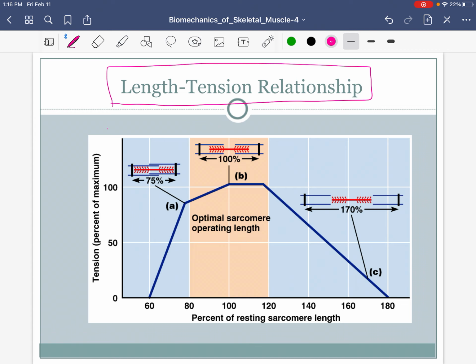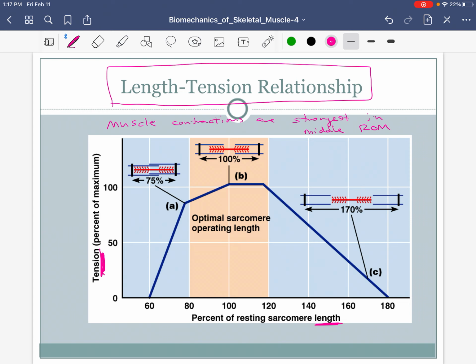And what this is telling us is muscle contractions are strongest in the middle range of motion. So we're looking at the relationship between how much force can be produced on the y-axis to the length of the muscle.